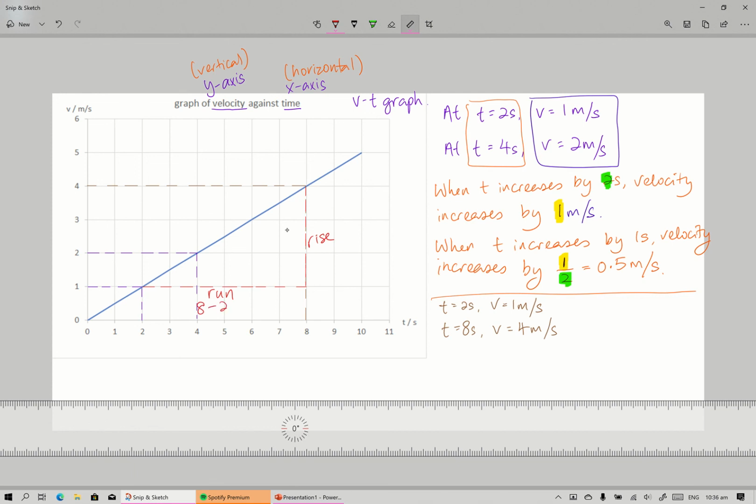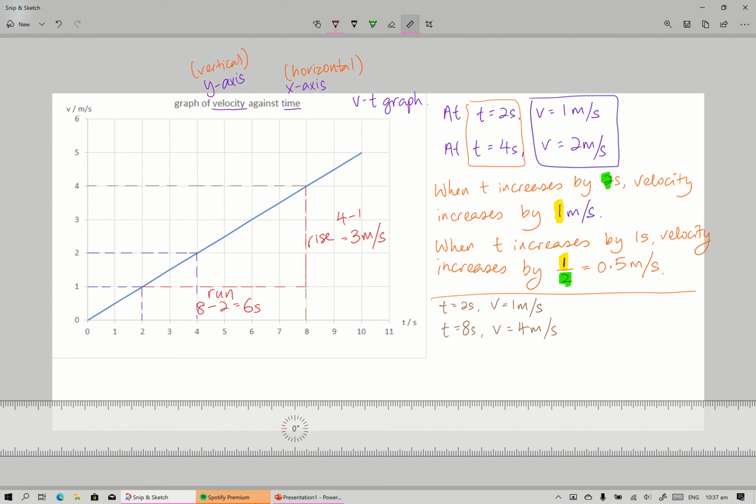Right? So it's 8 minus 2, 6 seconds. Now, when time increases from 2 seconds to 8 seconds, velocity increases from 1 meter per second to 4 meters per second. So you take 4 minus 1, gives you 3 meters per second.